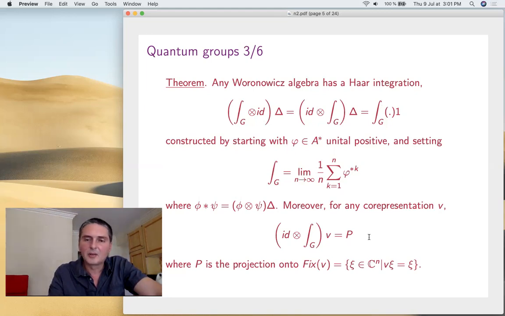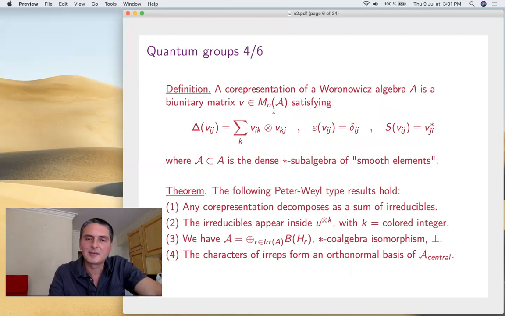And in addition, importantly, for any co-representation V, where co-representation means something exactly like U, the integral of the coefficients is exactly the projection onto the fixed points. So that's Woronowicz. A co-representation, as I was saying, is exactly a biunitary matrix satisfying these conditions, exactly as for U.